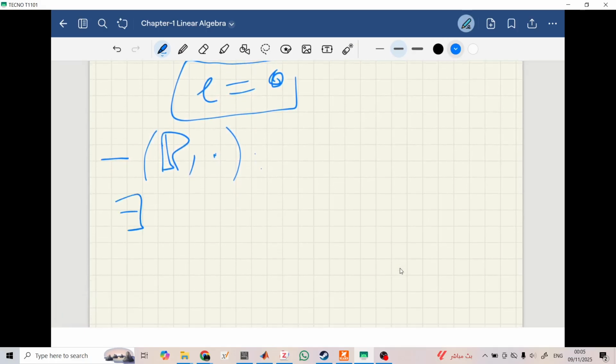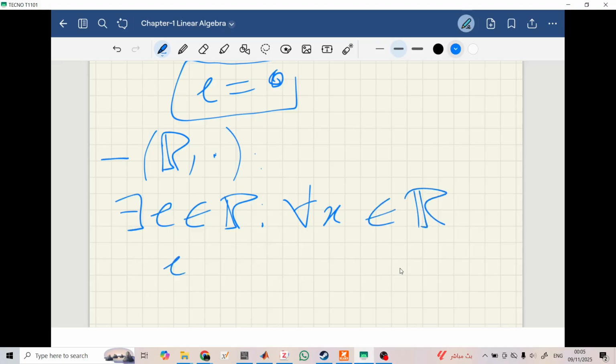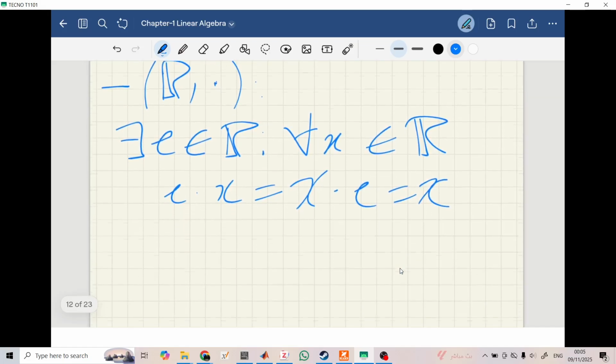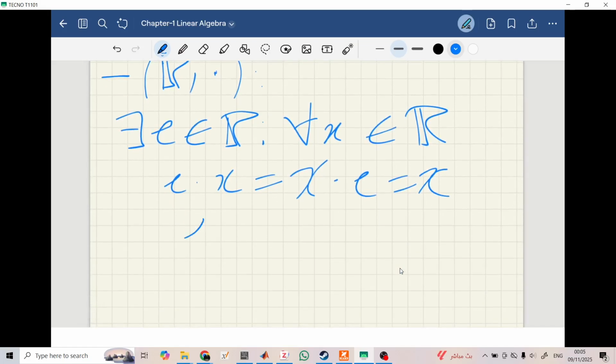There exists an element E that belongs to R such that for all x belonging to R, we have E dot x equals x dot E equals x. So what would be this element? For the multiplication operation, it is unity, 1.